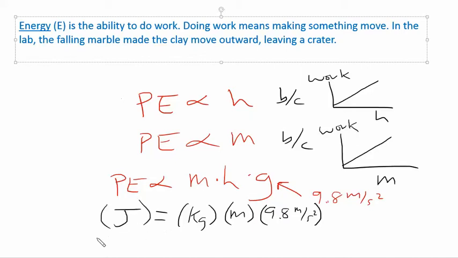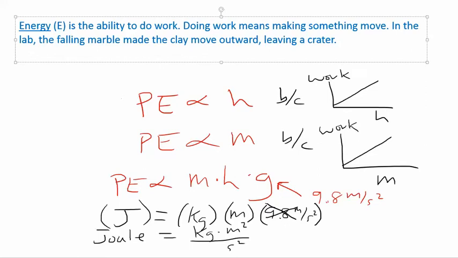And that word is spelled J-O-U-L-E, named after some guy in the 1800s that was super involved with developing steam engines. And actually, I should probably not write 9.8 there, because what we're saying here is that a joule is equivalent to a kilogram times meter square over second square, because we have the meter times meter, over second square, and that second square is from over here. So that's the basic definition for a joule.